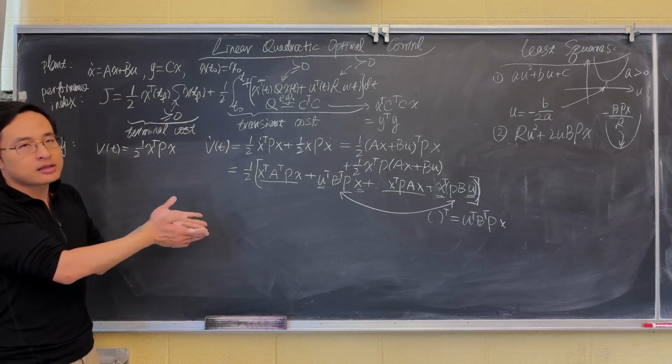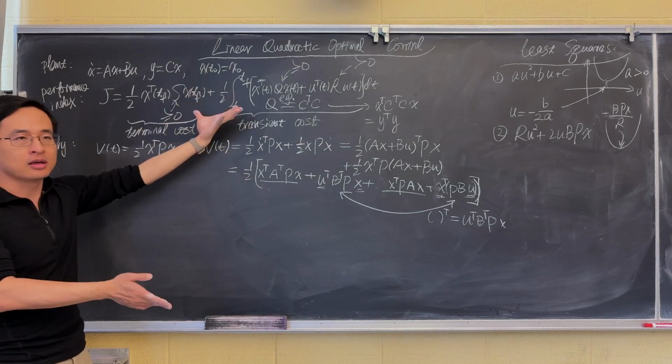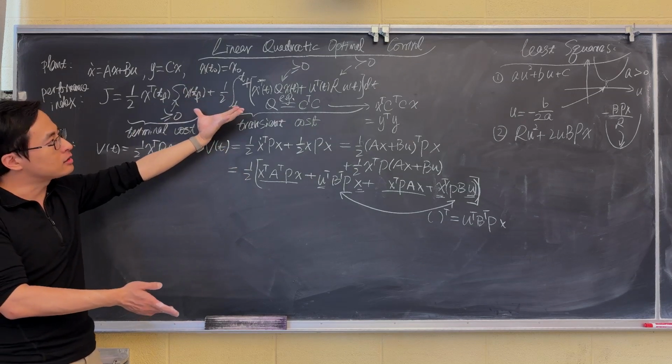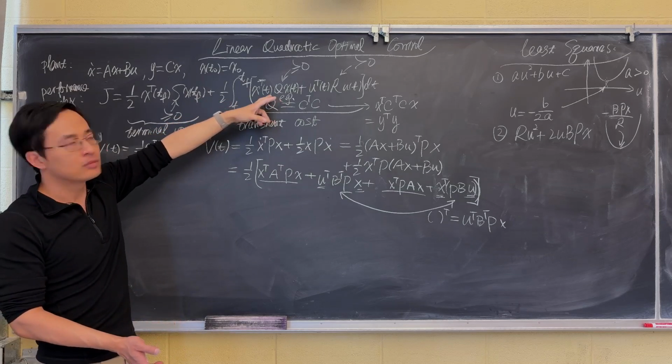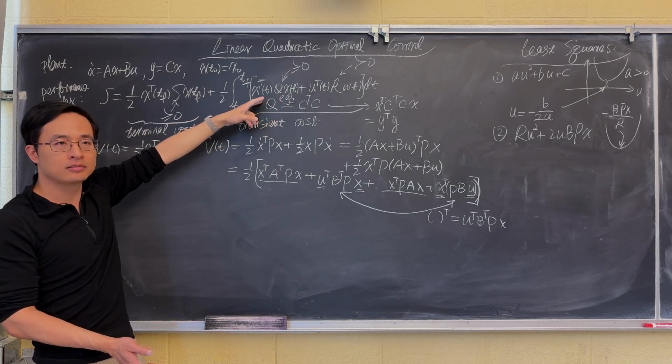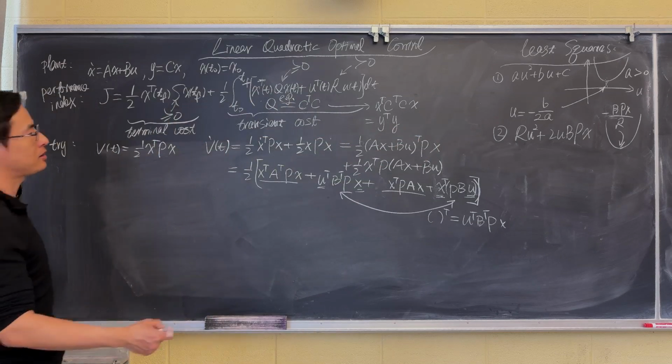What we're going to do is add and subtract terms to here and create some new quadratic terms about x, and then use the technique of completing the squares.